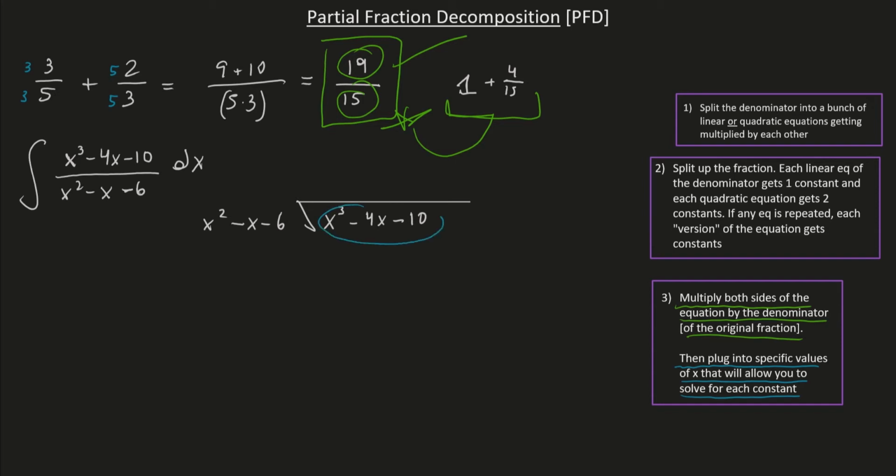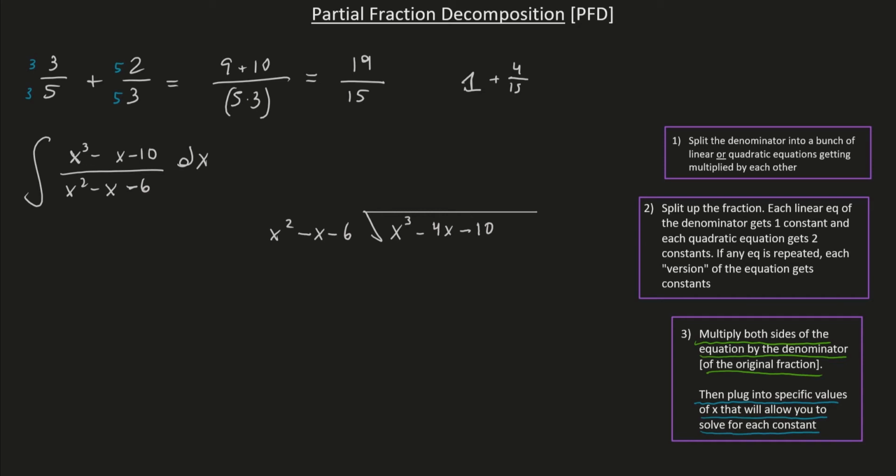So we want to do our numerator divided by our denominator, just like we did 19 divided by 15. But we're dividing equations here, so I have to tap into that polynomial long division technique. What number do we multiply by this to eliminate our x cubed? The number would be just x. x goes into the x squared, makes an x cubed. Goes into the negative x, makes a negative x squared, and goes into the negative 6, and makes a negative 6x.